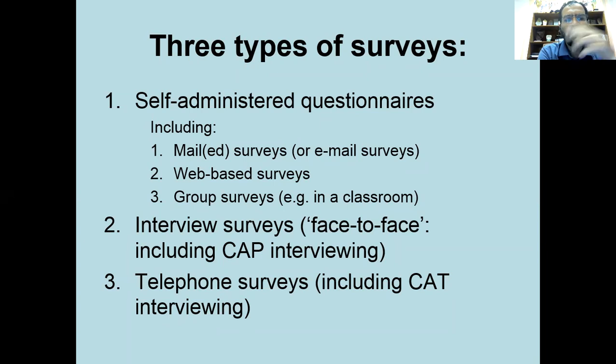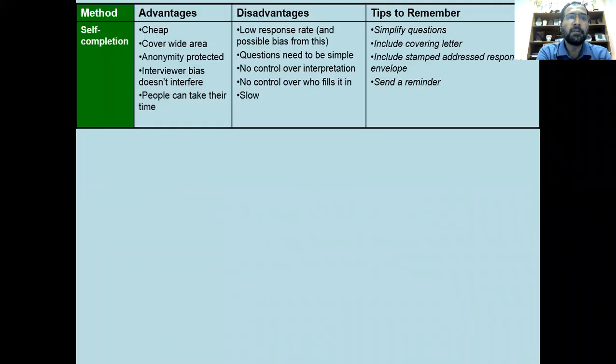Telephone surveys are also a kind of survey, but here we use technology to connect with the people. Nowadays we are also connecting through online conferencing tools, conducting interviews, for example, by using Zoom or Microsoft Teams and other video conferencing tools.